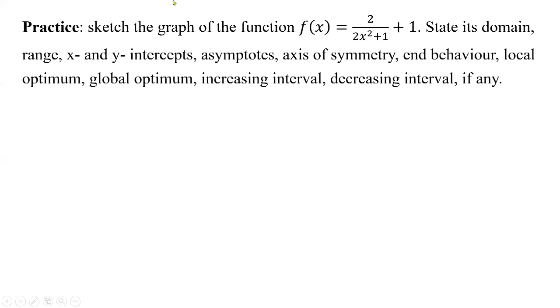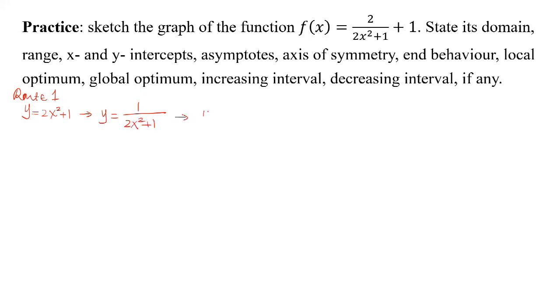All right, any thoughts? Okay, so basically there are two routes by which you can get the graph of f(x), right? For example, route 1. First of all, we can sketch the graph of the denominator y = 2x² + 1, right? And then we draw the reciprocal of this function here.